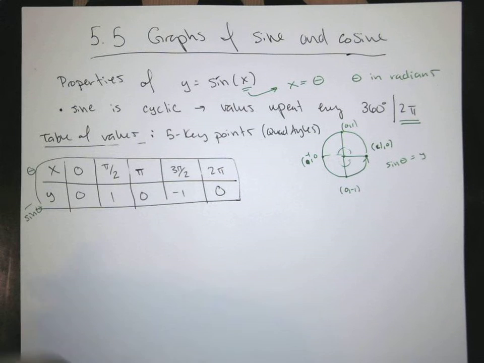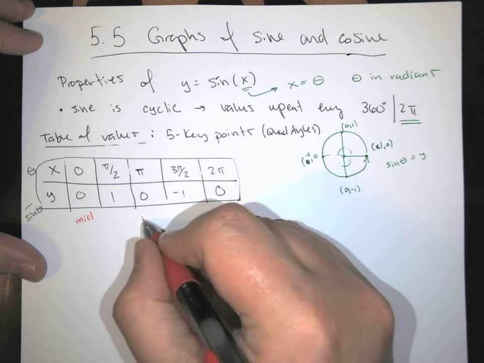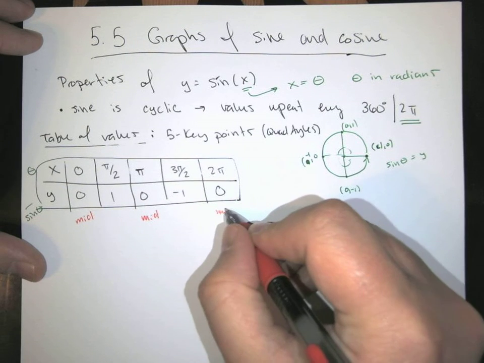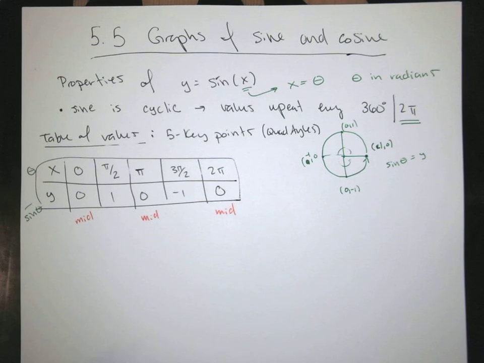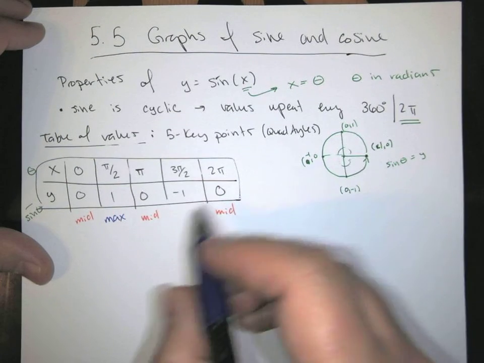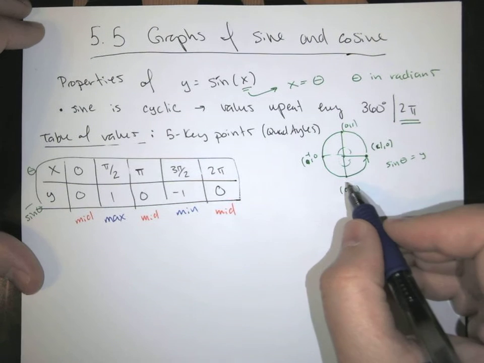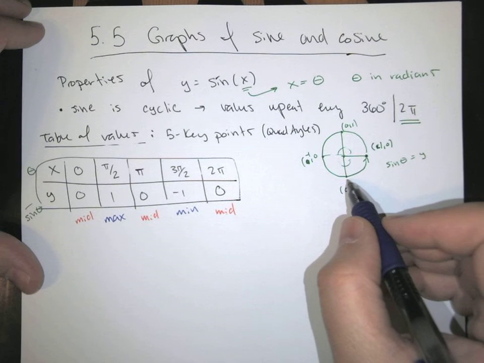This kind of breaks our function into stages, really. We have these middle values where we hit these zeros, and then we have a max value of +1, where we're peaking on the circle, and we have a minimum value at -1 that corresponds to this 3 pi over 2, this 270.